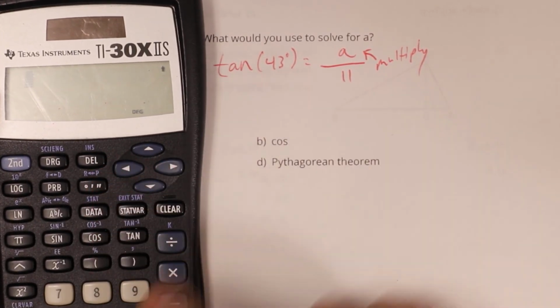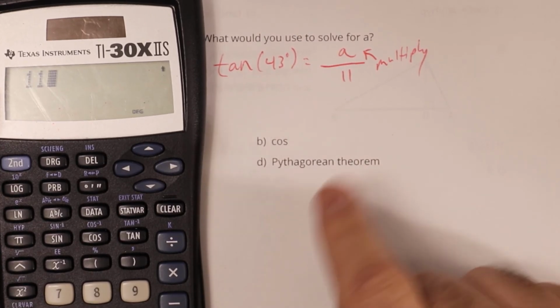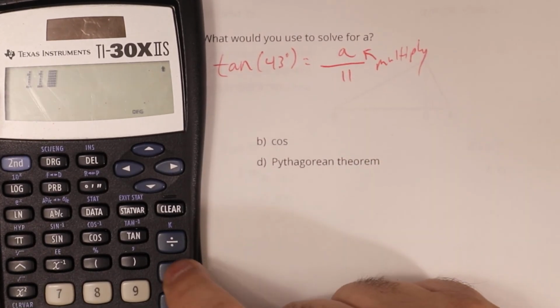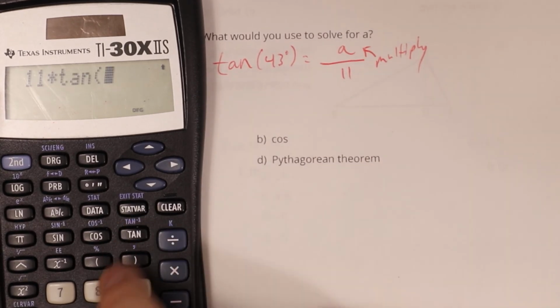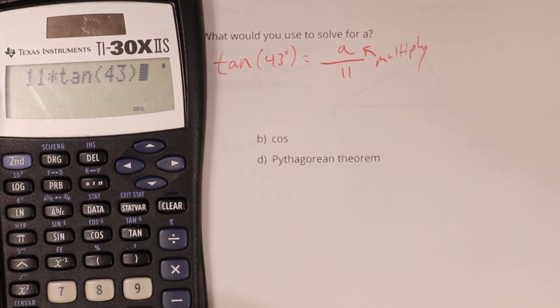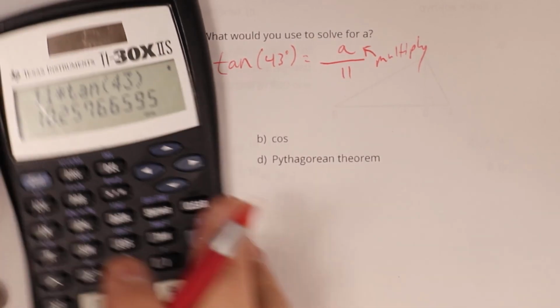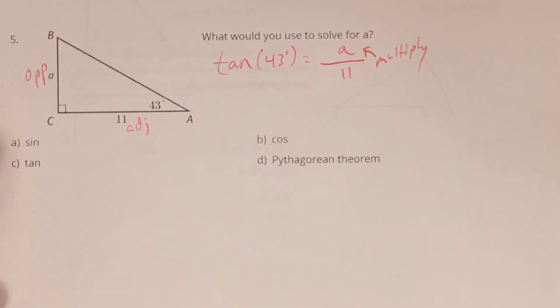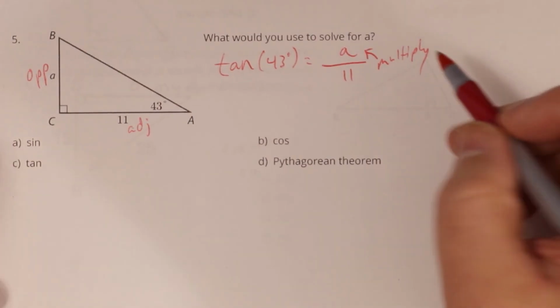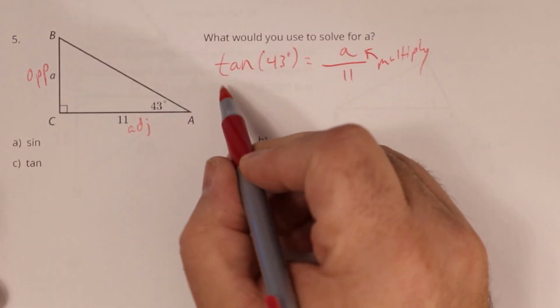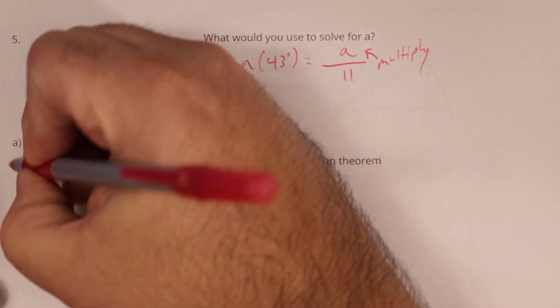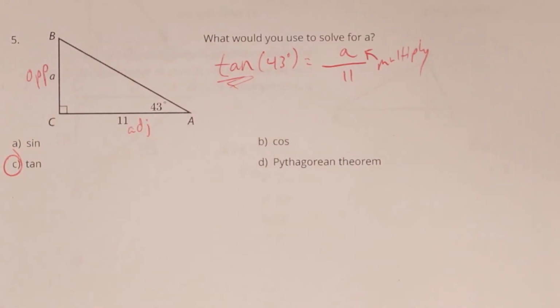So the number from the fraction, multiply because A is on top, and then the tangent of 43. And that's 10.257. I didn't even have to solve it. It says, what would you use? Duh, tangent. I could have saved a bunch of time.